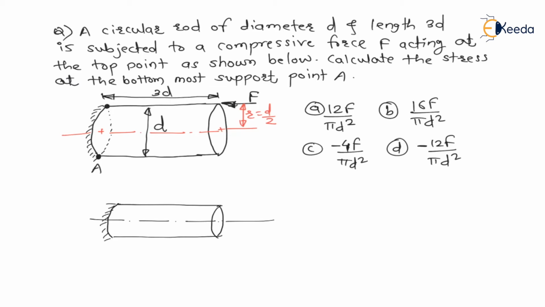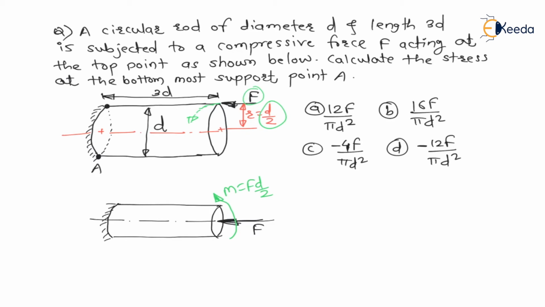The same force we can transfer onto the axis, but along with the force, this force will create a moment about the axis, and moment is nothing but force into perpendicular distance. Here force is F, perpendicular distance is d by 2, so this force will create a moment in this direction.